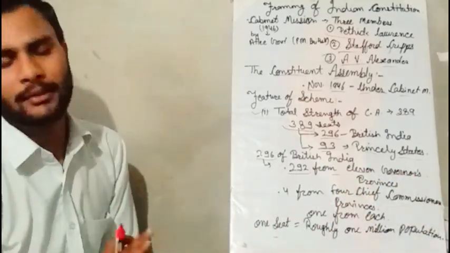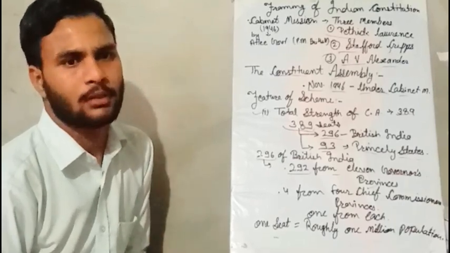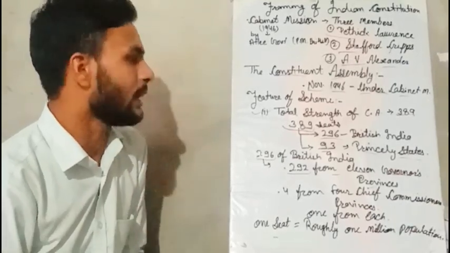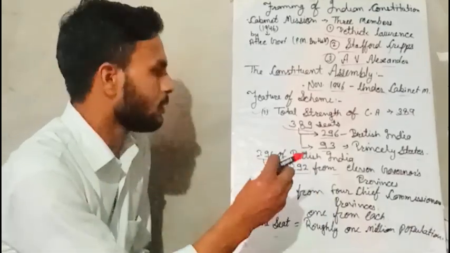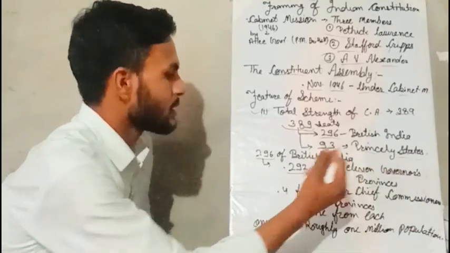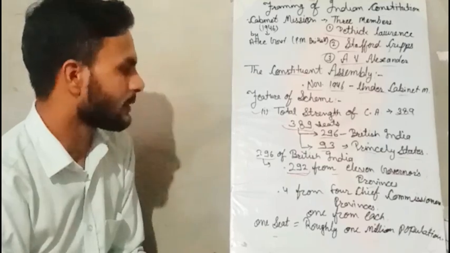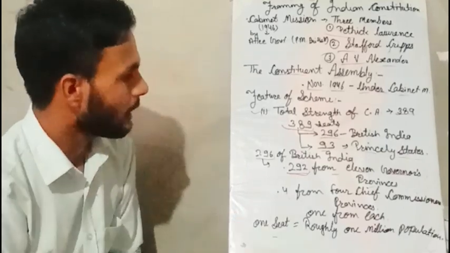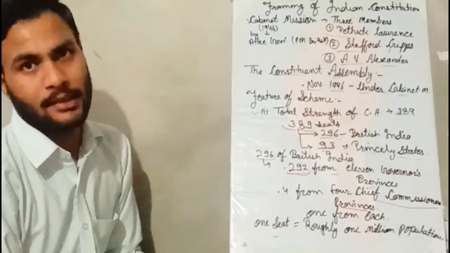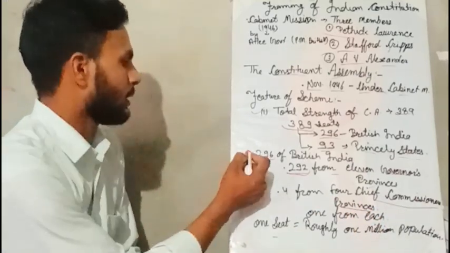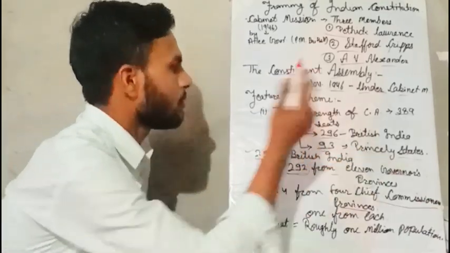As you know, British India had a total of 11 governors' provinces, and for all of them together there are 292 seats. After that, 4 seats are taken from the 4 chief commissioner provinces, and that's all. In this way the 296 seats are found, and the other 93 seats come from the princely states.